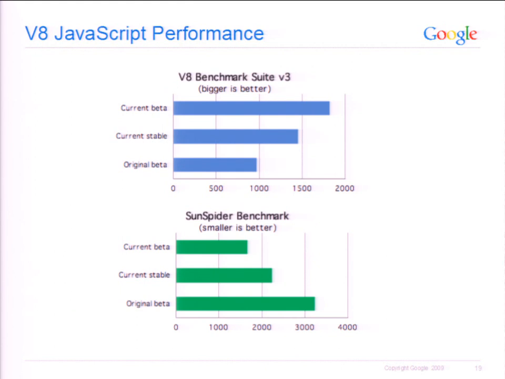And we made our own, because many of the programs in SunSpider are quite small. We made a benchmark suite that has more than 12,000 lines of code, so that we could measure V8 against code that's layered and has abstractions, which is very hard to find in that benchmark suite.